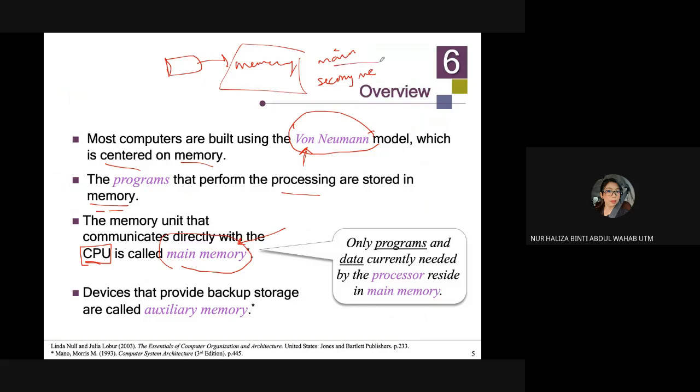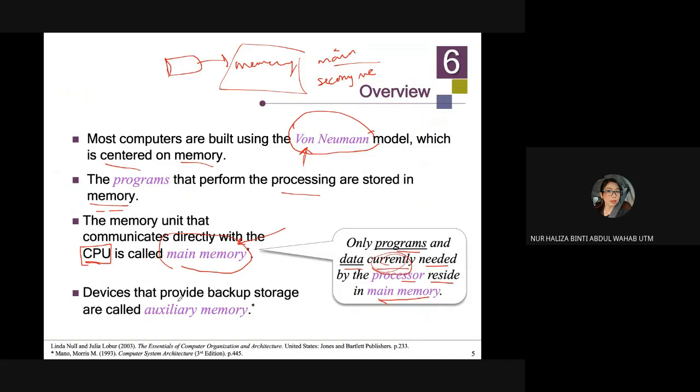It's called main memory. Only the program and data currently needed by the processor will reside in your main memory. What's not needed at that time is not in your main memory.